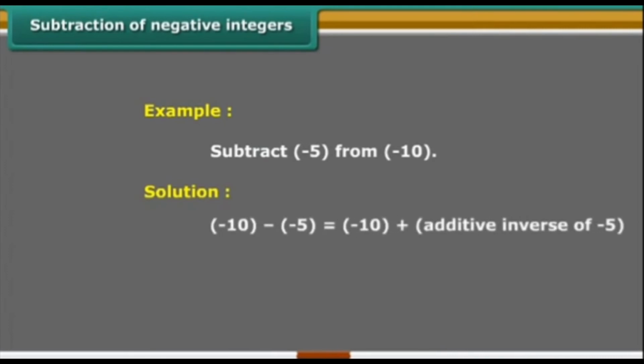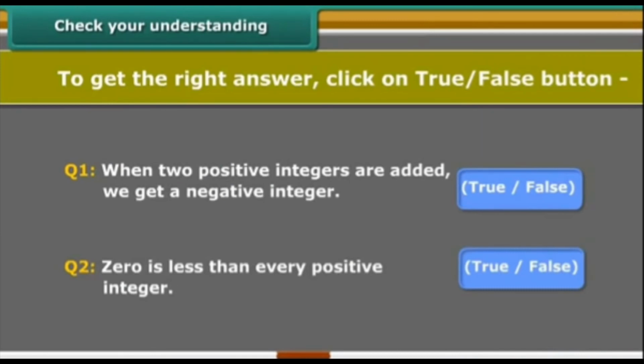This is the same as -10 plus +5, as the additive inverse of -5 is 5. First, we move 5 steps to the right on the number line, starting from -10. We reach -5. State the correct statement as true or false.